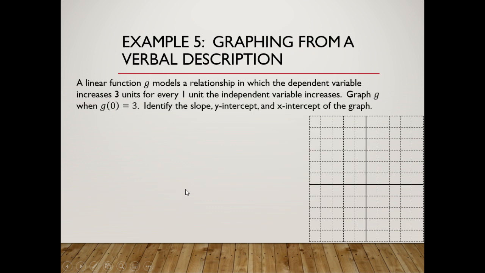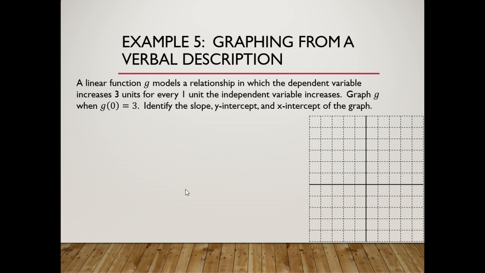All right, so now let's do it given a verbal description. We've got this linear function g that's modeling the relationship in which the dependent variable, this is another vocabulary word that we heard earlier, dependent means it's the y, okay, increases by 3 units for every 1 unit that the independent x variable increases.